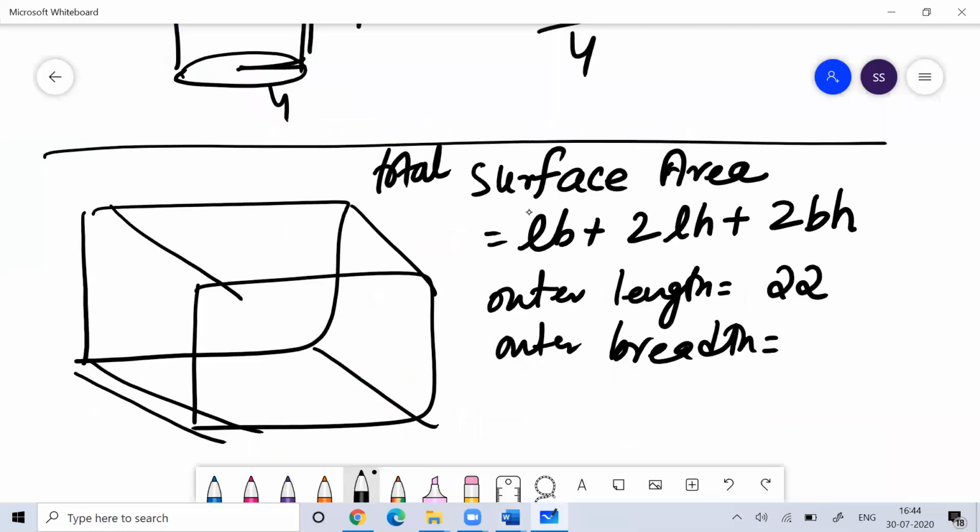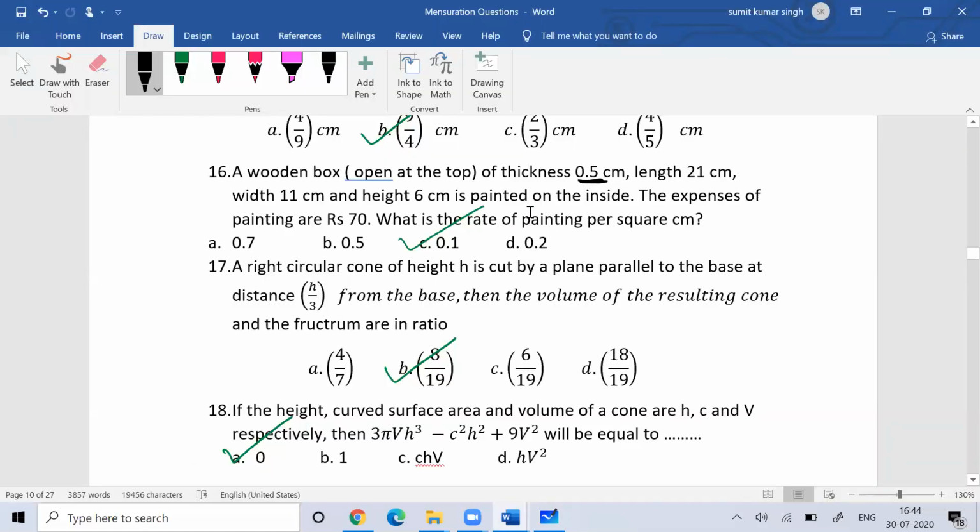The outer width will become 12, and the outer height is given to you as 6. Now you need to understand that at the top it is empty, so there's no thickness at the top.